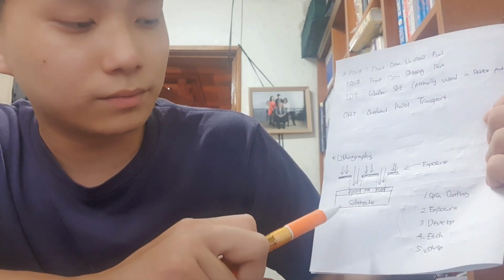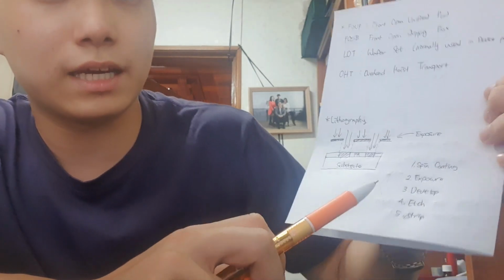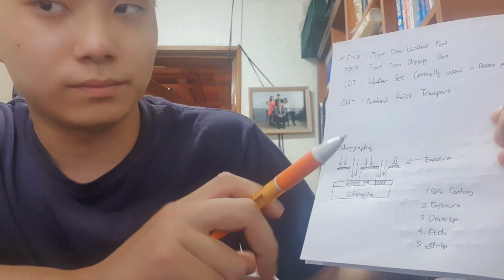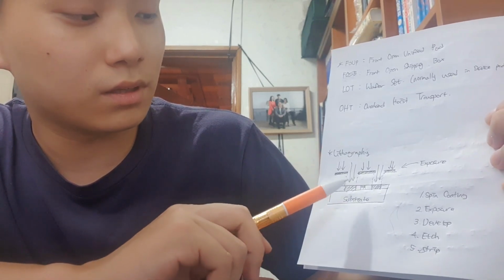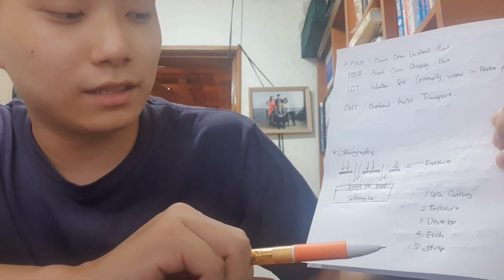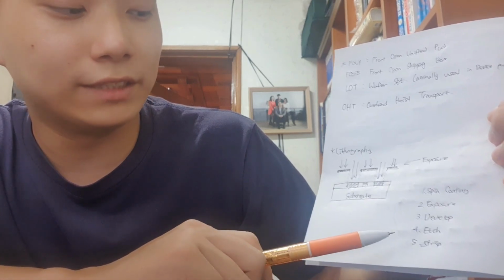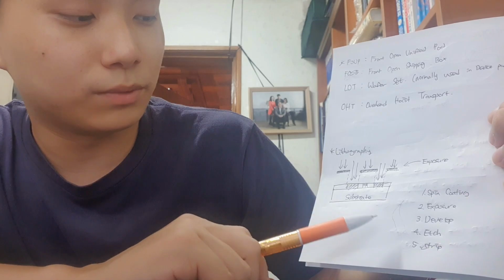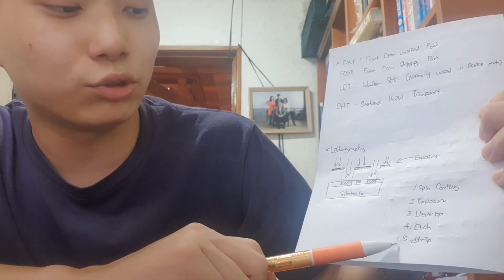And then fourth, we can etch the photoresist and substrate, and then we erase the rest of the photoresist, and this process is strip.